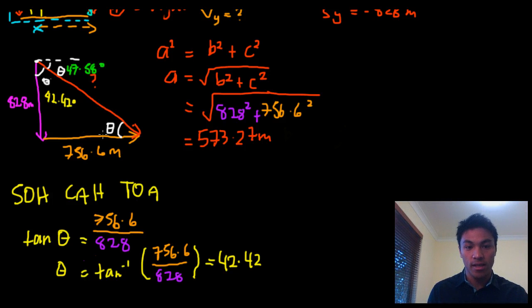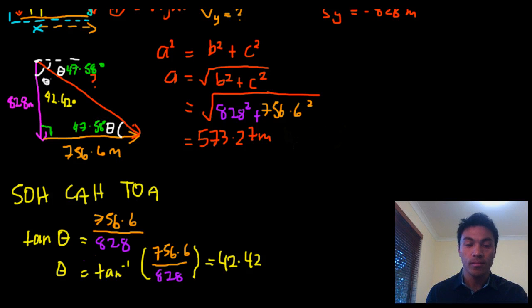And for this other angle, because this is a right angle triangle, the total of the angles inside needs to be 180 degrees. So this is also going to be 47.58 degrees. So that is our final angle.